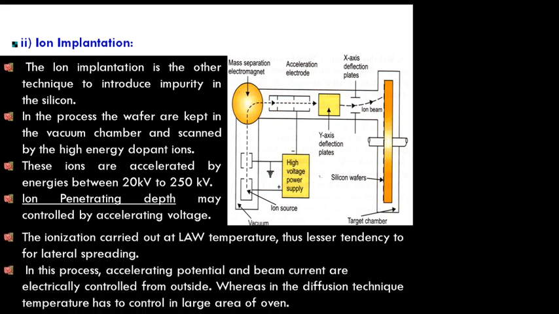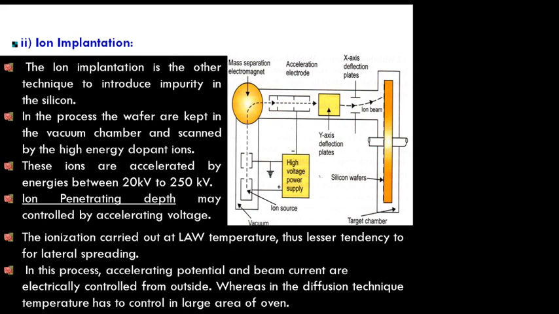In the last discussion, the ion implantation is carried out at low temperature, and this is the tendency for lesser lateral spreading. Since the temperature is very low, the silicon wafer responds less, and therefore the lateral spreading becomes less, because of the potential difference.